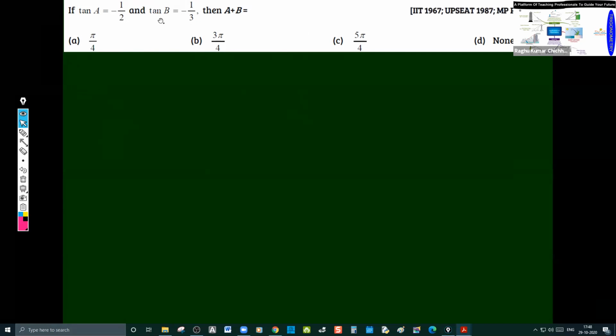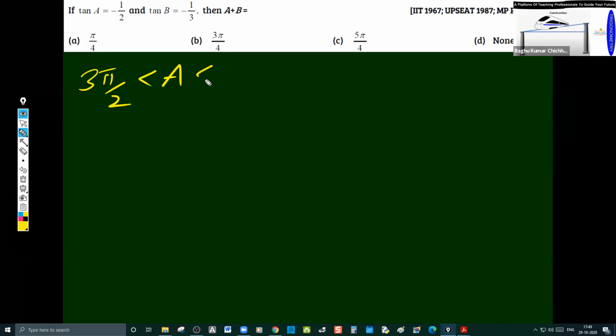the answer will definitely be, because it is A plus B, more than 2 pi, more than 360, if both are lying in the fourth quadrant. Do you understand what I'm saying, Maurya? Yes, sir. The fourth quadrant is 3 pi by 2 less than A less than 2 pi.